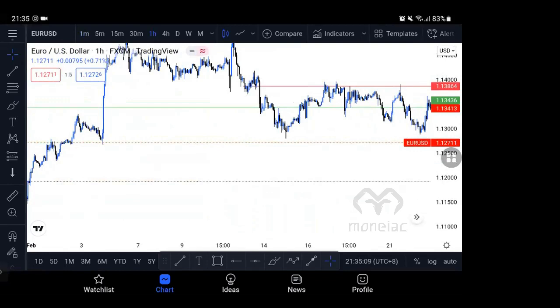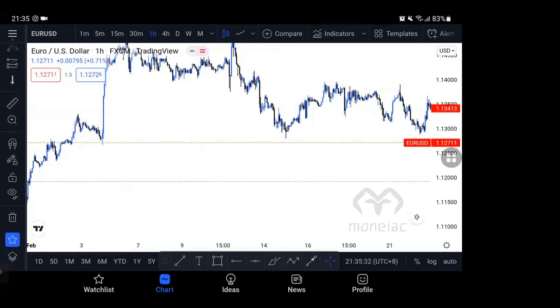But the concept is applicable to any instrument that has candlesticks, that has a dynamic market. It's applicable even for stocks or indices, crypto, anything, no problem at all. Just going to remove all the drawings first.